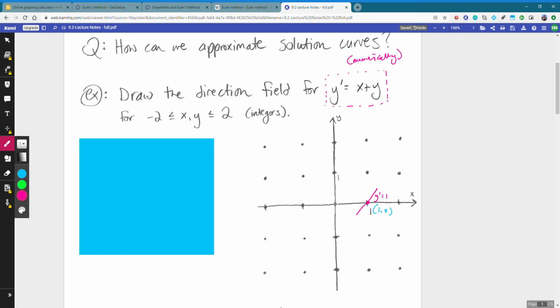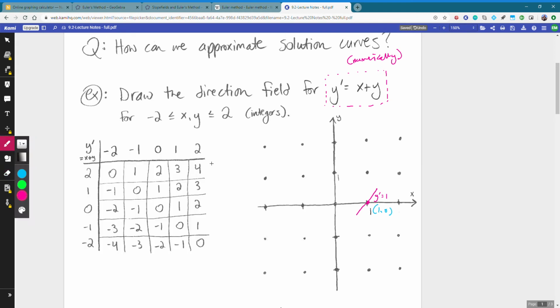Right, we can go through each and every point and do that. And one way that I like to set up my work is kind of using a grid where I have just the y's here and the x's here, and then here in the middle, I just follow the formula and add up, in this case, the x plus y. And so right here at 1, 0, this is the slope we just computed over here, and going through, we can get all the rest.